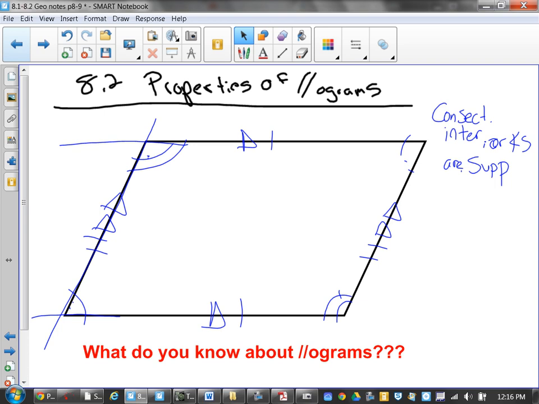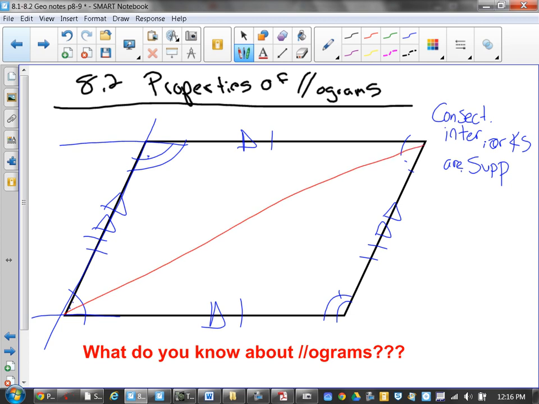So what we have here are opposite sides are congruent, opposite sides are parallel. Consecutive interior angles are supplementary. And there's one other thing that we look at when we're dealing with parallelograms. We look at their diagonals. Diagonal, just going from corner to corner.